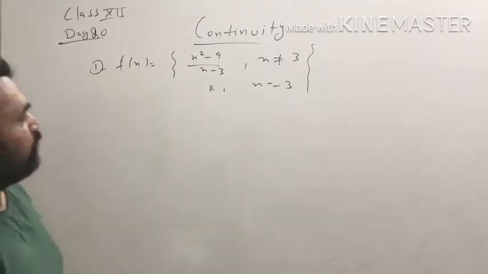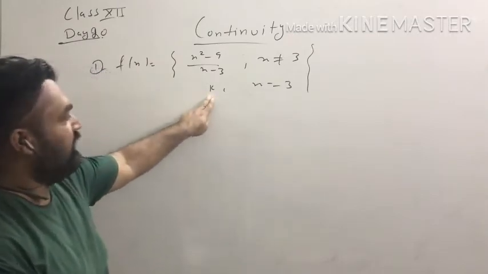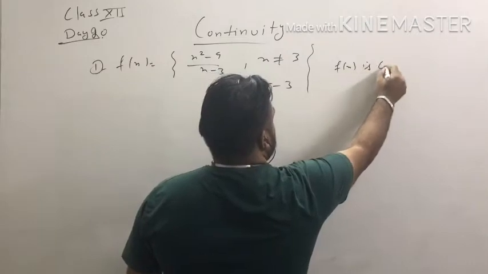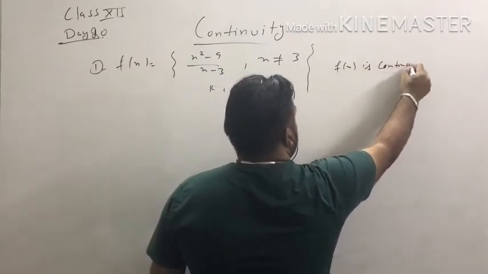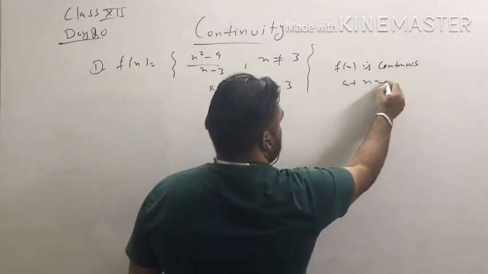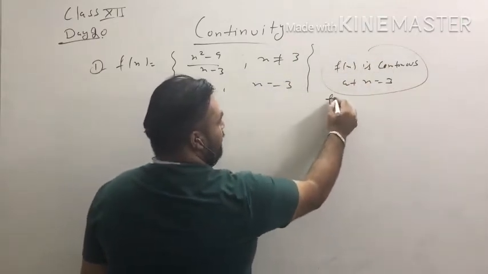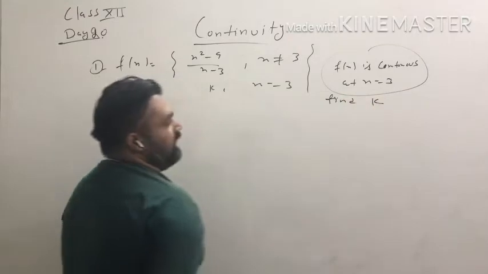Now whenever we have to find the constant value, now we have to find k. f(x) is continuous at x equals to 3. This is given. We have to find k.